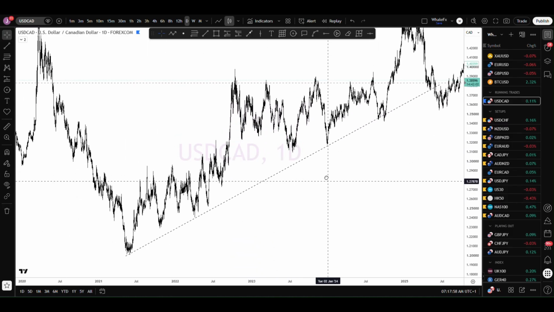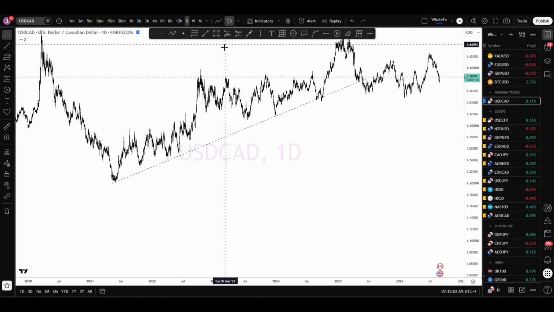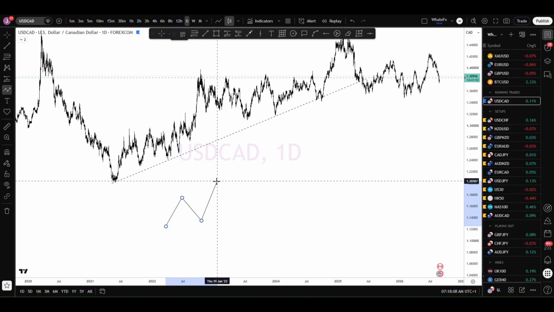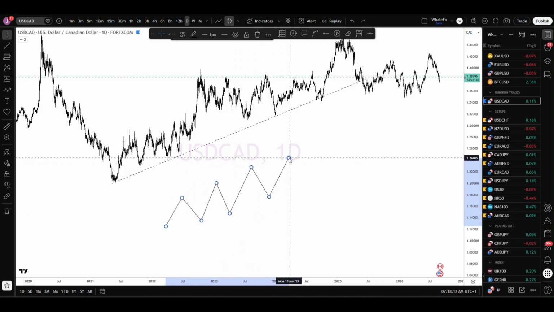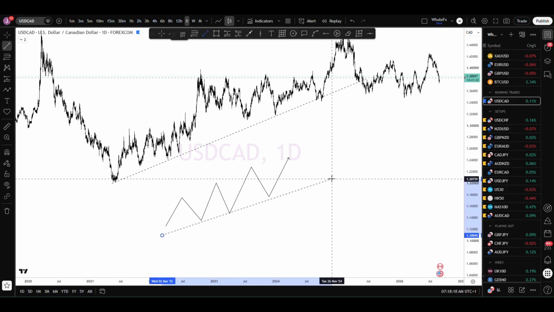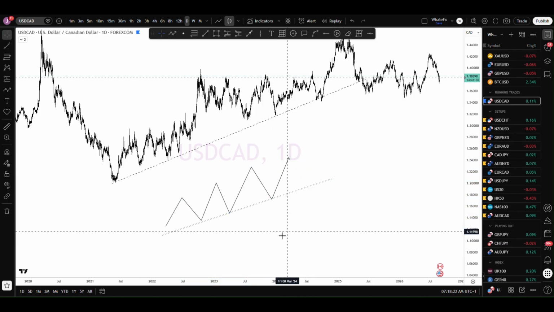So what makes a trend line valid? Looking at this on the daily time frame, a trend line means that the market is currently trending in a particular direction, and it has a point of either support or resistance, which whenever it comes in contact with, it continues in its intended direction.